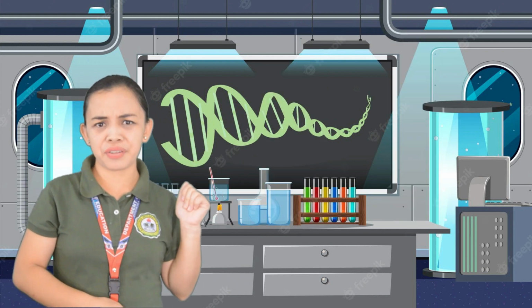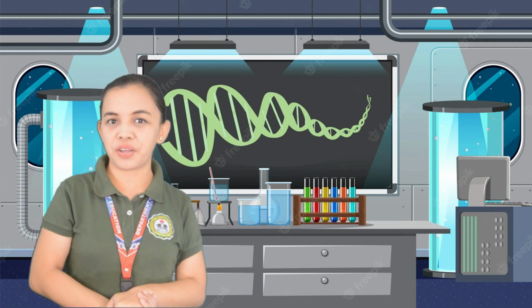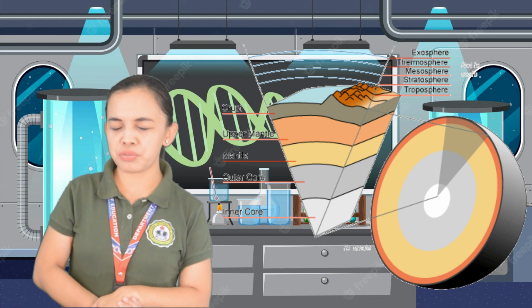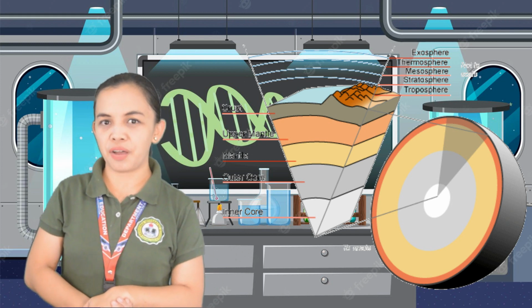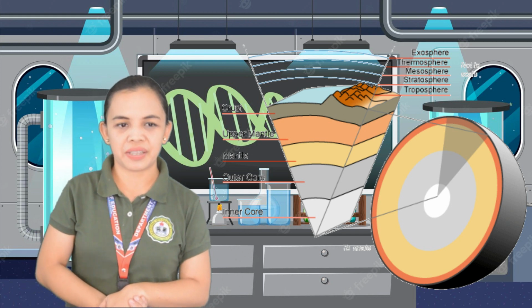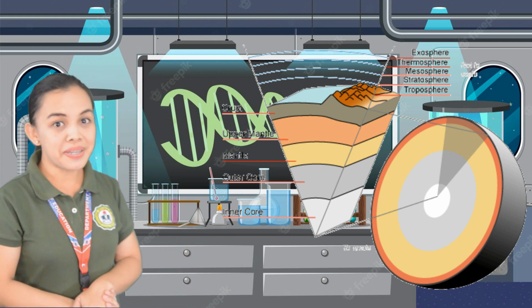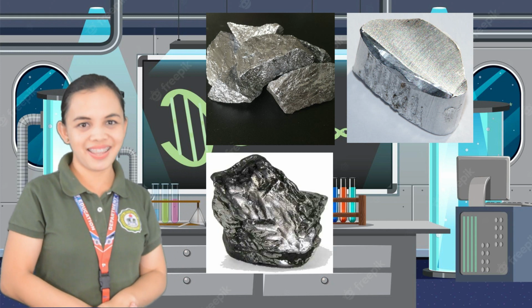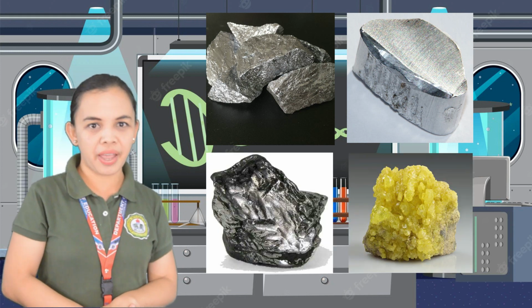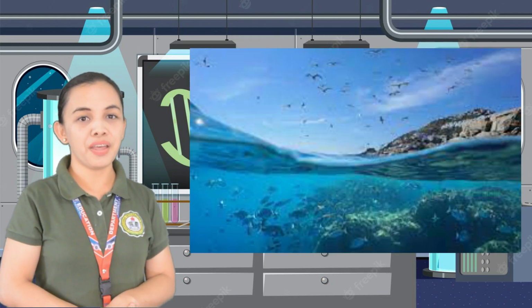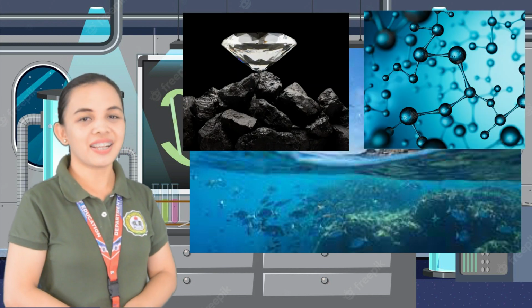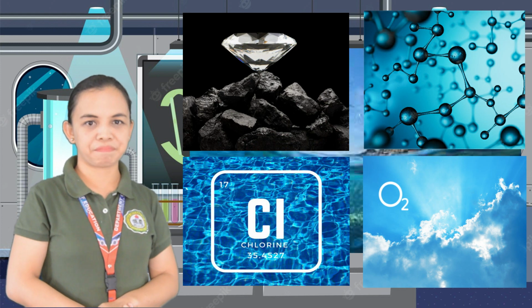We also have elements that are present on the Earth's crust and the ocean. Let's first go through the elements on the Earth's crust. Earth has calcium, aluminum, iron, and sulfur, while in the ocean, we have carbon, hydrogen, chlorine, and oxygen.